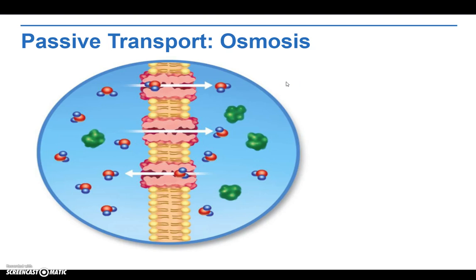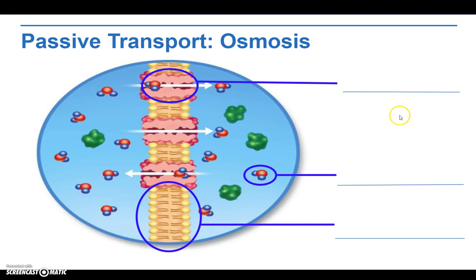Alright, so here is an example of osmosis, a diagram for you. Okay, there we go. Again, aquaporin has a channel. Water, these are your red and blue molecules. Your cell membrane, made of phospholipids.